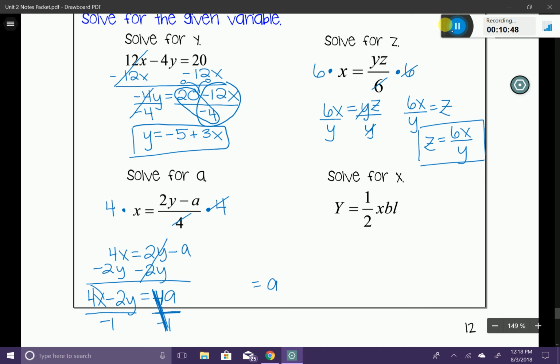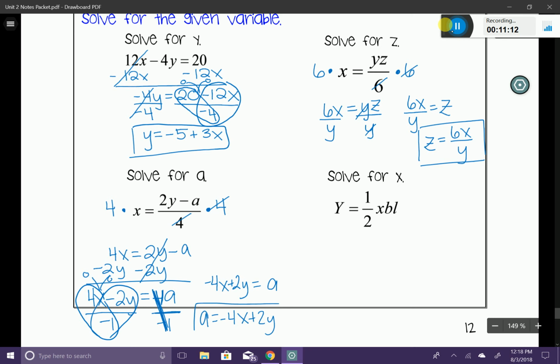It's the butterfly thing again. 4x divided by negative 1 is going to be negative 4x. And then negative 2y divided by negative 1 is going to leave me with positive 2y. There's the little butterfly. So if I flip it around, a is equal to negative 4x plus 2y.